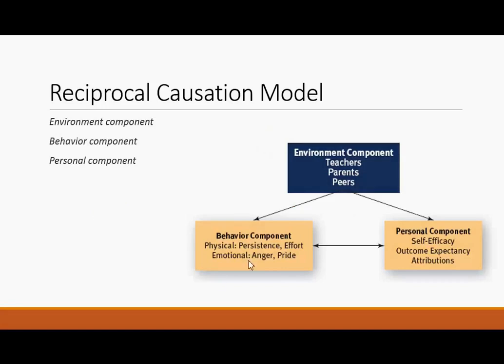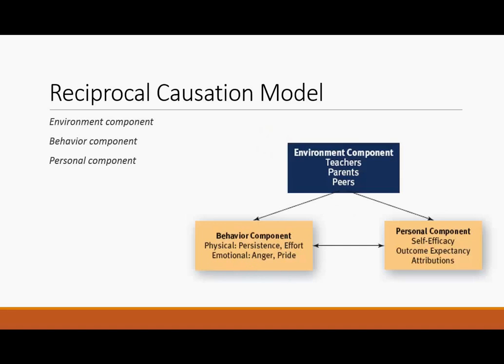Okay, so there's an environmental component, teachers, parents, and peers. A personal component, self-efficacy, outcome expectancy, and attributions, all concepts you should be familiar with. And the behavior component, physical, persistence, effort, emotional. Physical is persistence and effort, emotional is anger and pride.